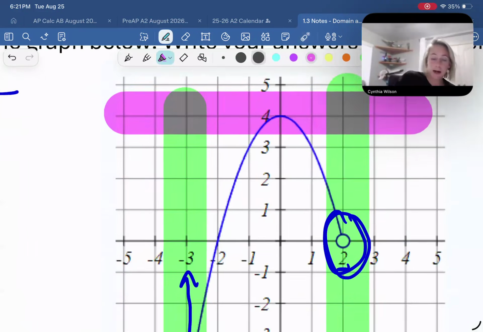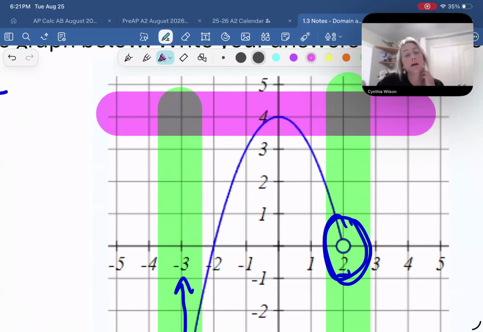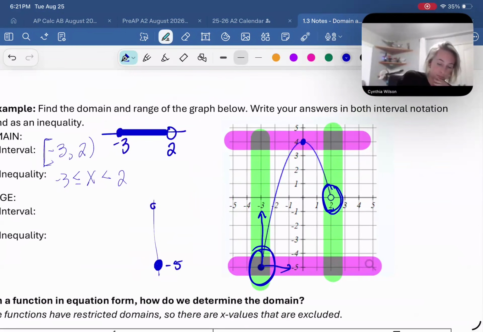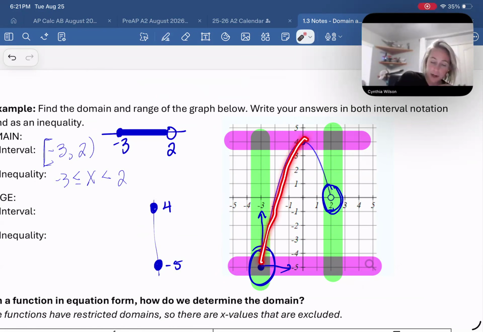All right. Now, unless you very clearly see an open dot, you can assume a closed dot. I don't have any skips or breaks in this graph all the way through.